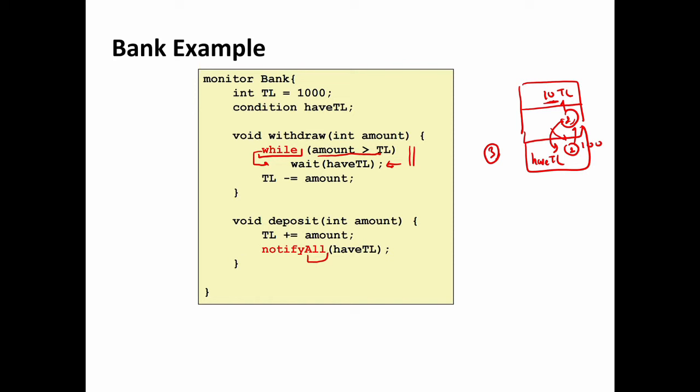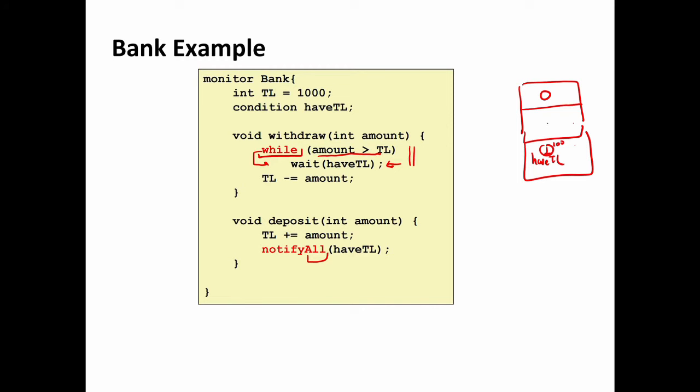Now, why is that the reason? Let me go with a similar example. Imagine that we had just 0 lira. The first guy comes, wants to withdraw some money, there's none, so he sleeps here. Number one needs 100 lira.